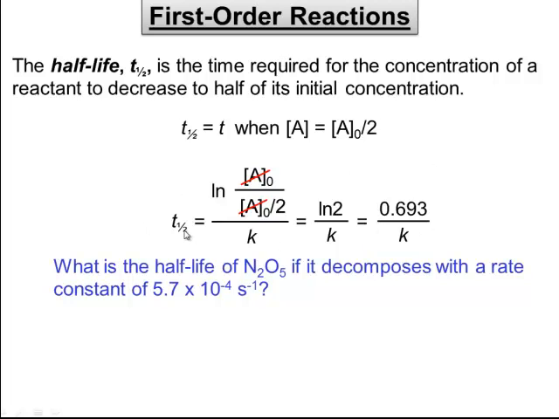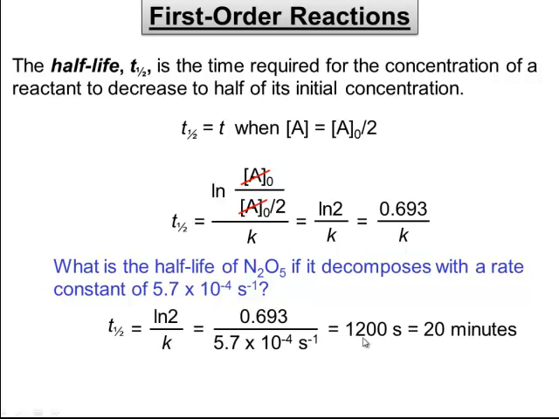So T half will be equal to 0.693 divided by 5.7 into 10 to the power minus 4, and the answer, as we can see, turns out to be 1200 seconds, which is about 20 minutes. So whatever is the initial concentration of N2O5, however small or however big it is, it will take, come what may, 20 minutes to become half its original value.